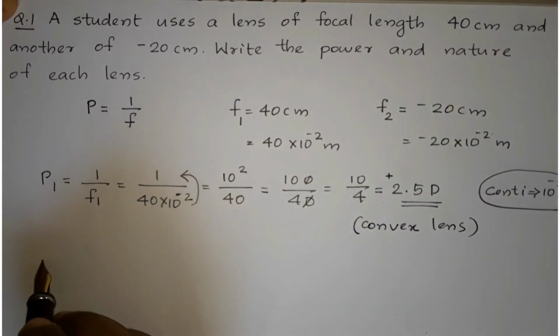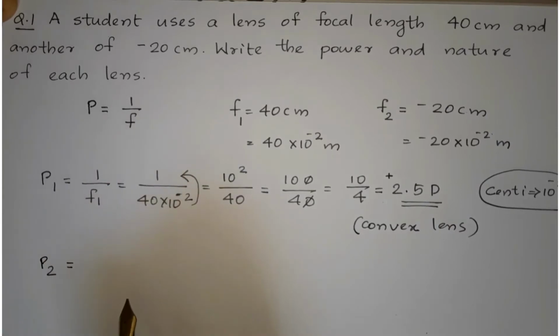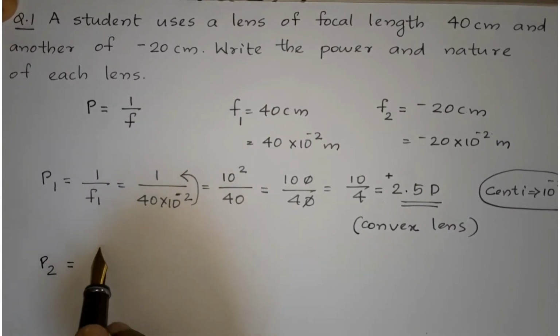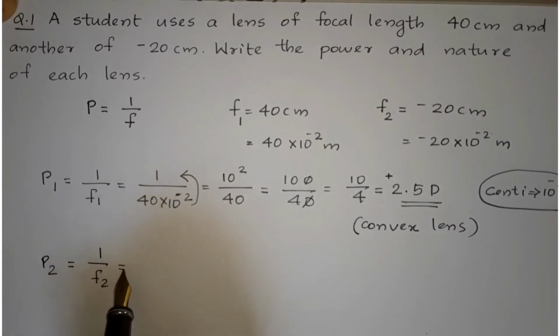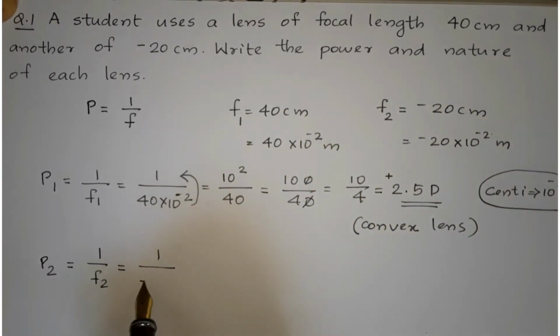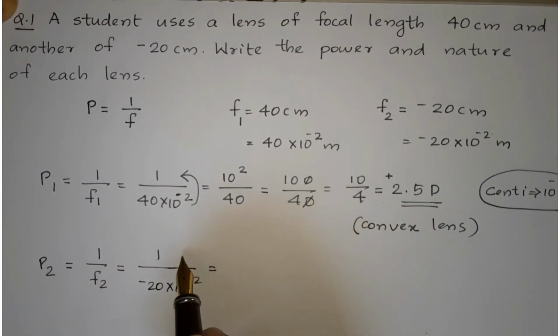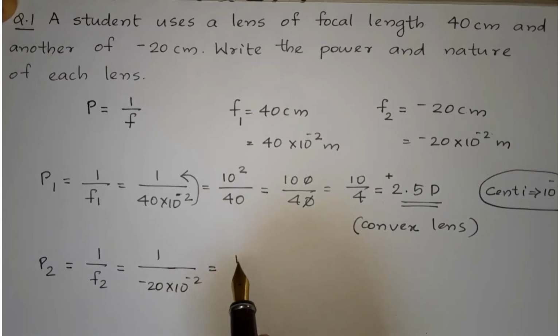Okay, let us take the next lens given in this question. P2 is equal to 1 by f2. That is equal to 1 by minus 20 into 10 raised to minus 2. Okay, so this 10 raised to minus 2 will go to the upper side, that is goes to the numerator, means that is 10 square by minus 20.